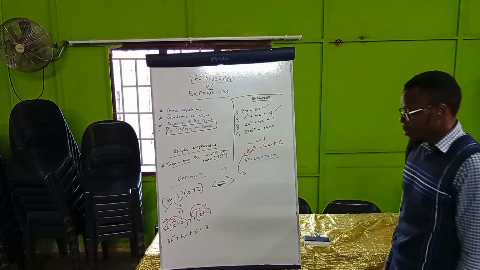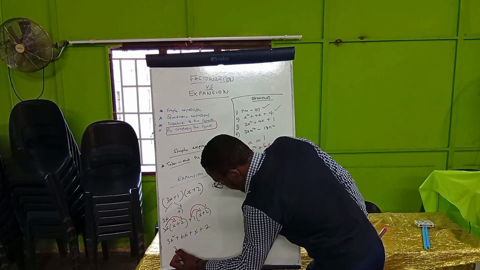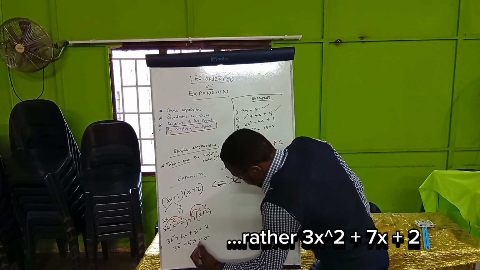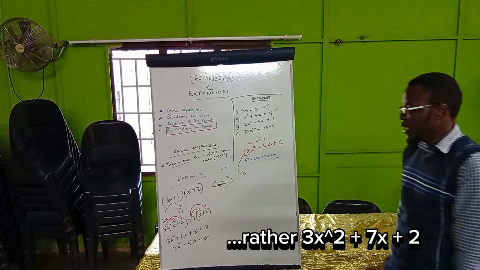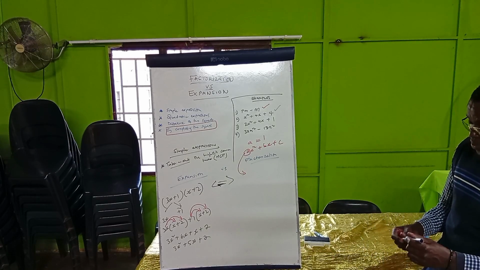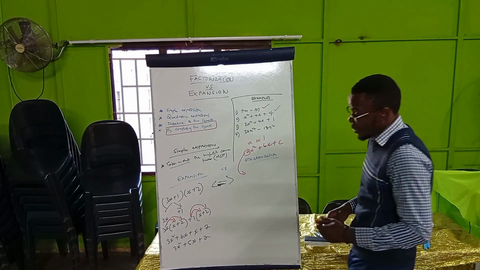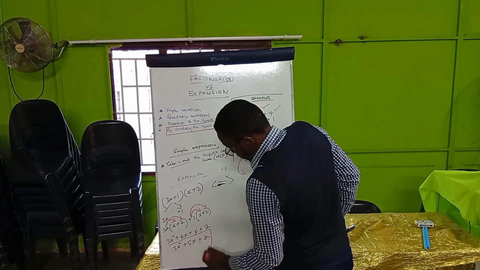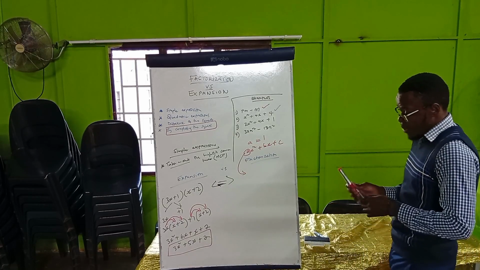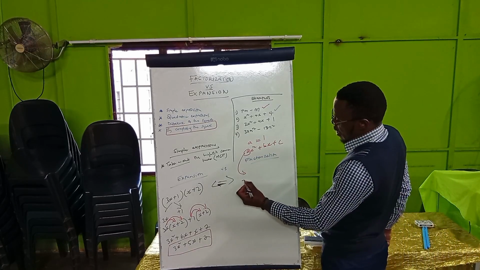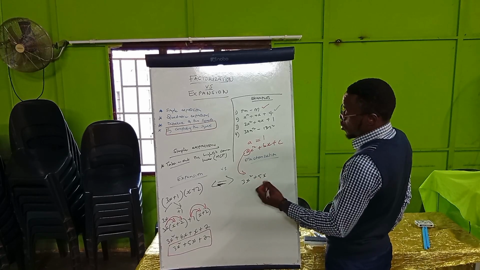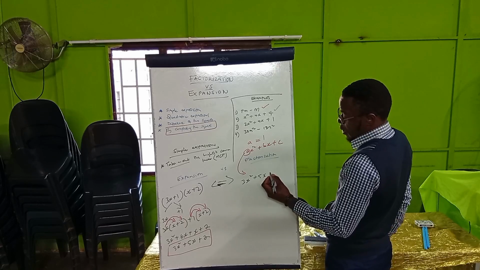Then we collect like terms: 3x squared plus 5x plus 2. So this is the answer that we have. This is how we expand, and when we expand, we get a quadratic expression. Now I'm going to take the same quadratic expression and demonstrate the reverse of it, which will take me back to this double bracket.